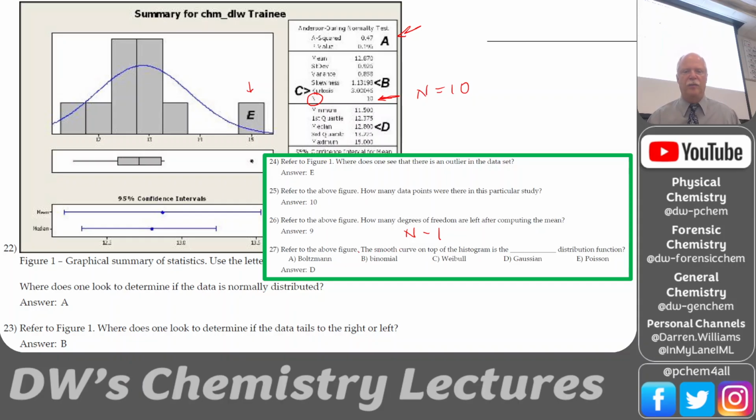And then refer to the above figure. The smoothed curve on top of the histogram is the blank distribution function. The Gaussian, yes. All of these others are legitimate distributions, but in this course we have only been using the Gaussian distribution function. The only others I've had to use are two others.